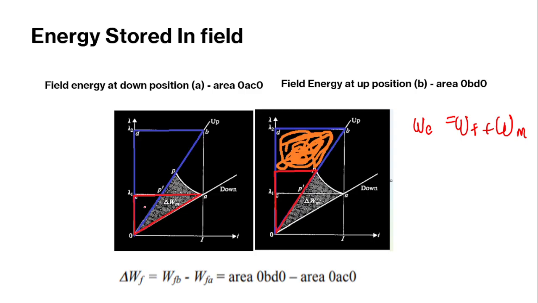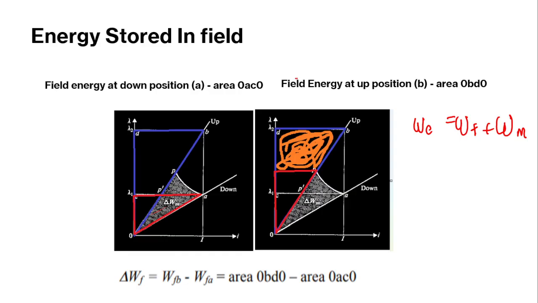The energy stored is the integral from 0 to lambda 1 of I d lambda, which is just this area here. With respect to the letters, it is 0 to A to C to 0. So this whole piece is the field energy stored in the down position, which is less.